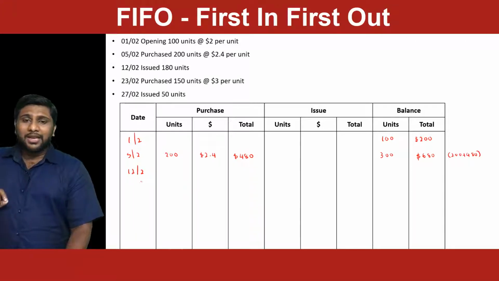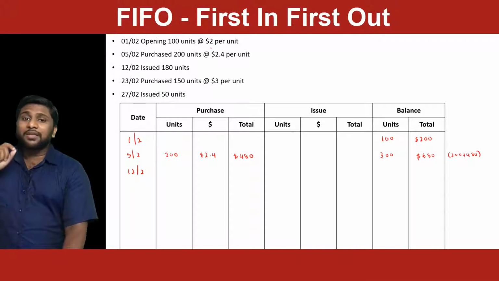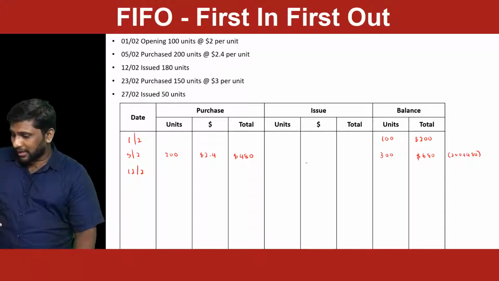So out of the materials that you have received, the first material that you received is $2 worth materials. Then only you purchased $2.4 worth materials. Since $2 worth material is what you received first, you have to make your issuance from the $2 worth materials.